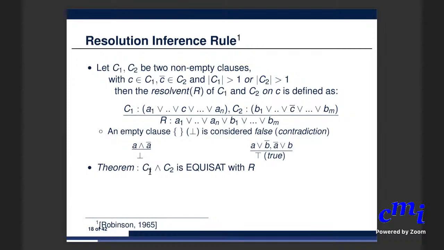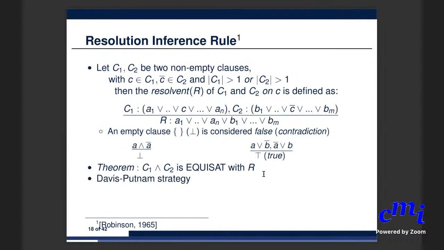If you have a formula with two clauses, C1 and C2 with the above structure, and you apply the resolution inference rule to get a resolvent, which is a new clause R, then C1 and C2 is equisatisfiable with R, which means that whenever C1 and C2 is satisfiable, so is R, and if one is unsatisfiable, so is the other.